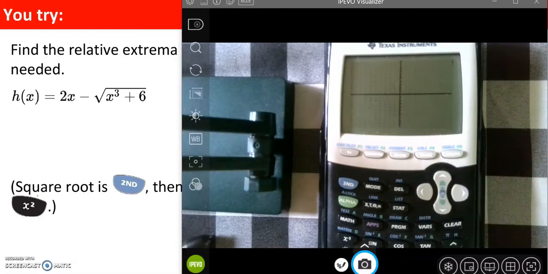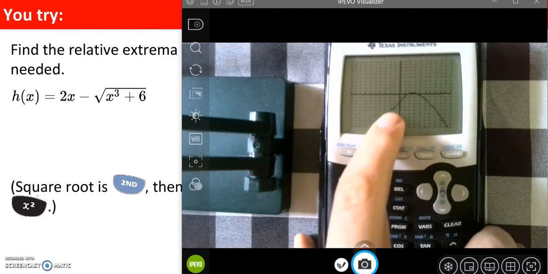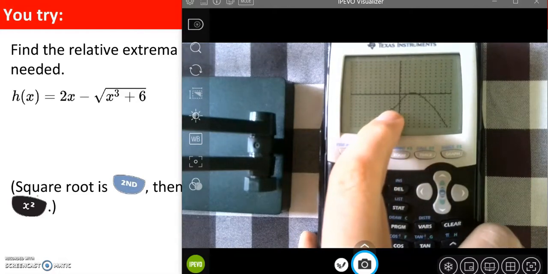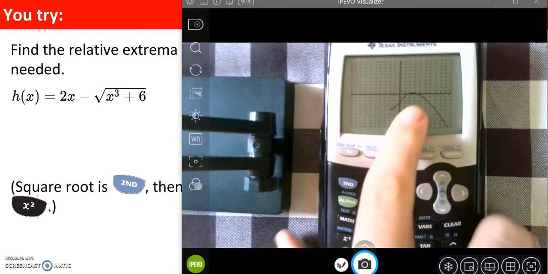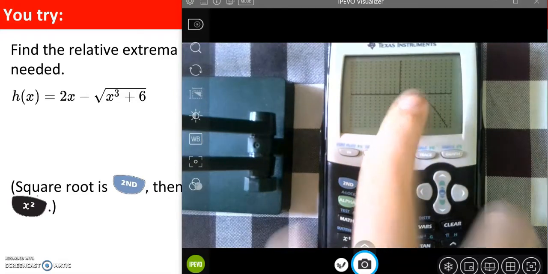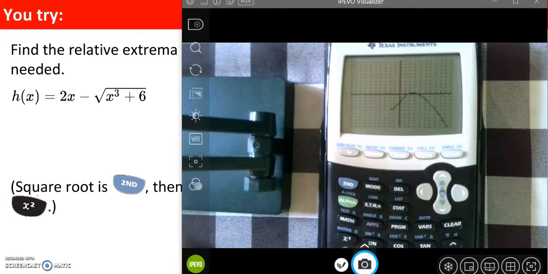So it should look something like that. Looking at the graph, this is interesting. Now this one has like a firm starting point here. So that's different. That's a little unique. Okay. I do see a maximum point right over here near the x-axis. So let's see if we can find that.